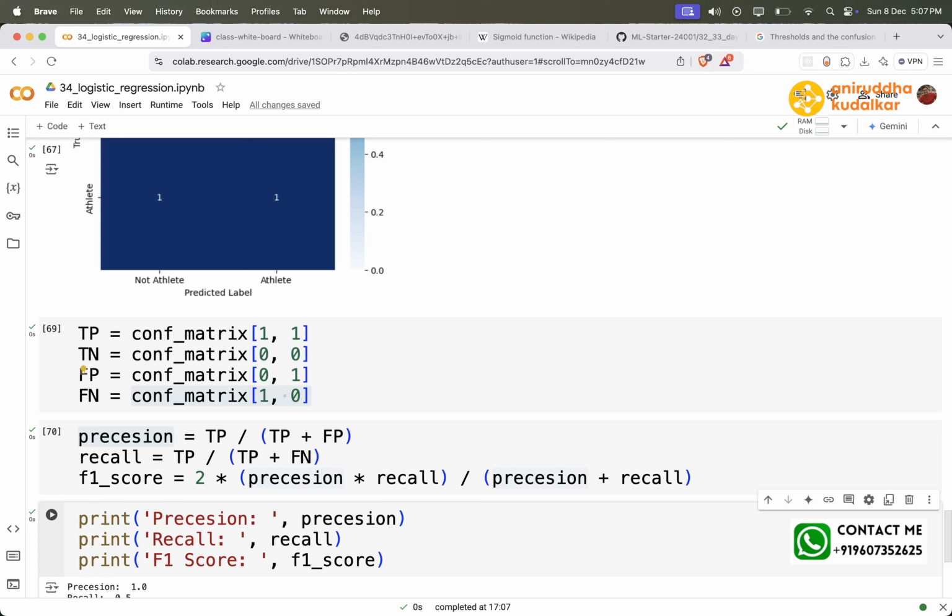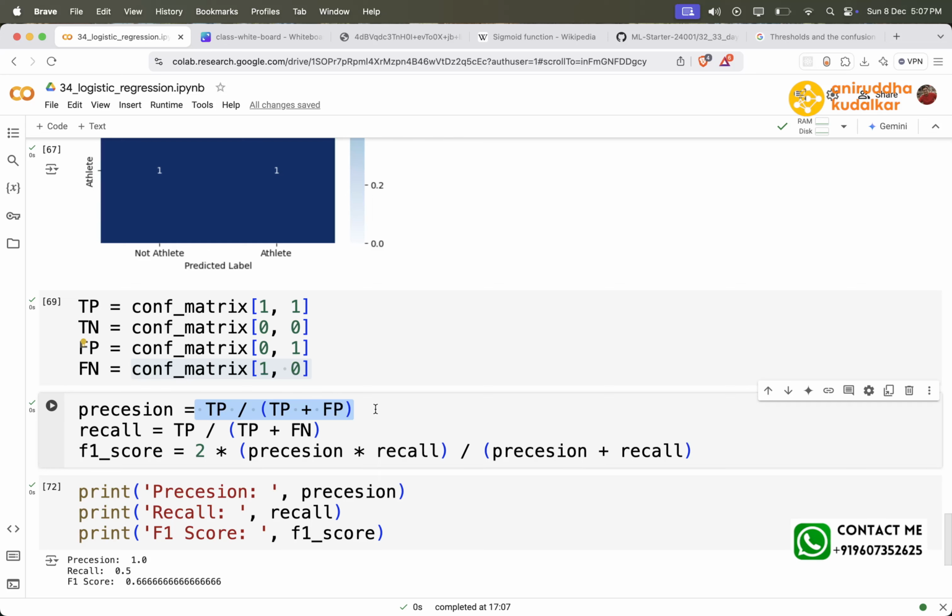Higher precision indicates that the model is making fewer false positive predictions. This is the standard formula.